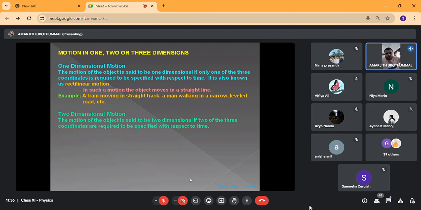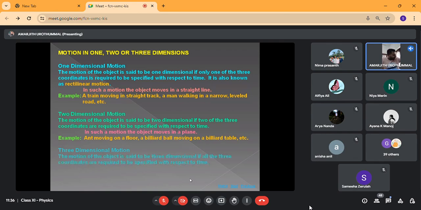Okay. In two-dimensional motion, two coordinates will change. Now coming to three-dimensional motion, it is motion in space, and all three coordinates will change.